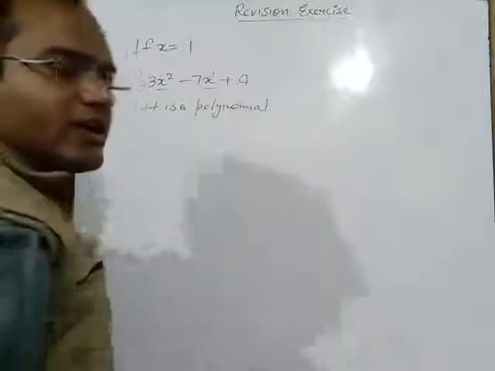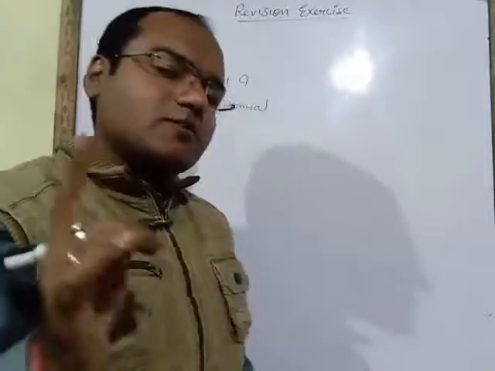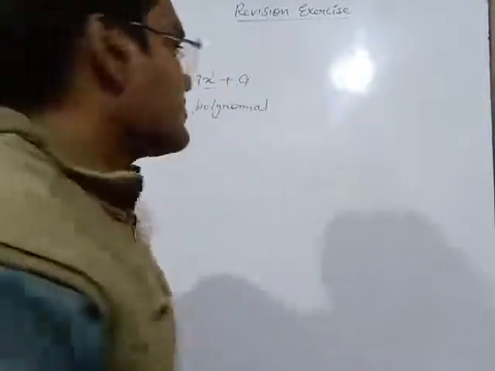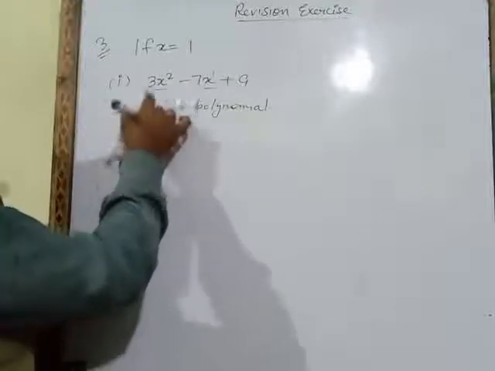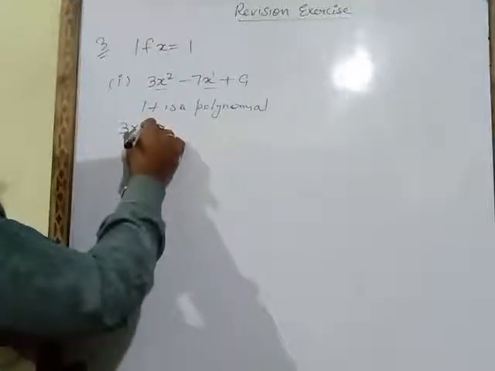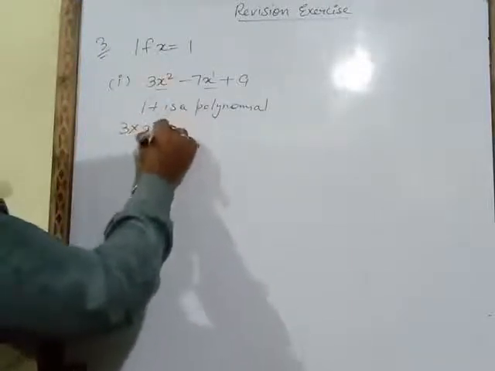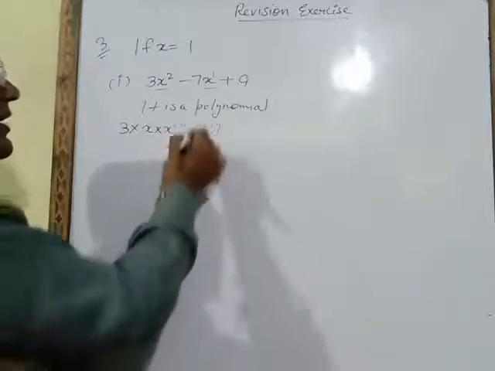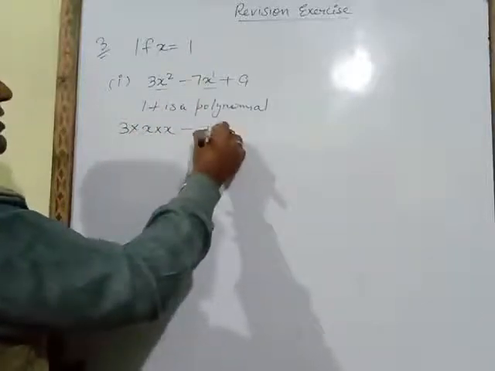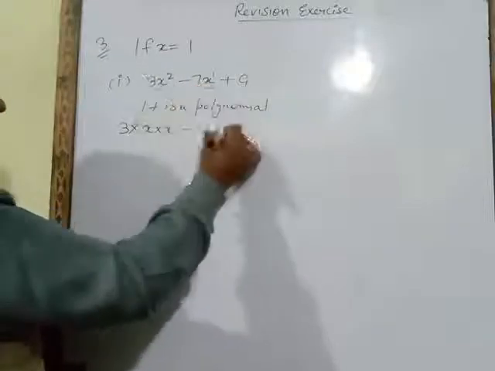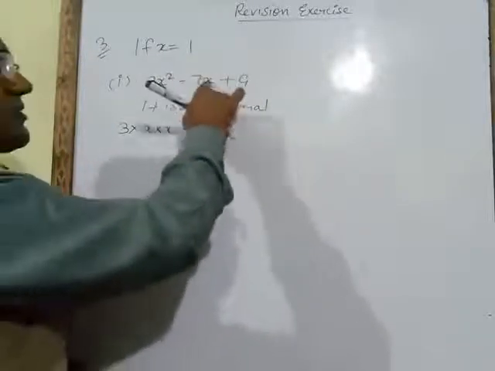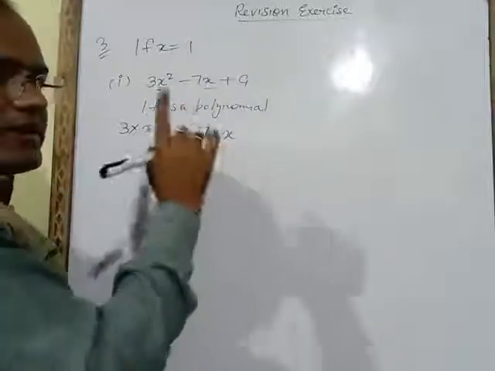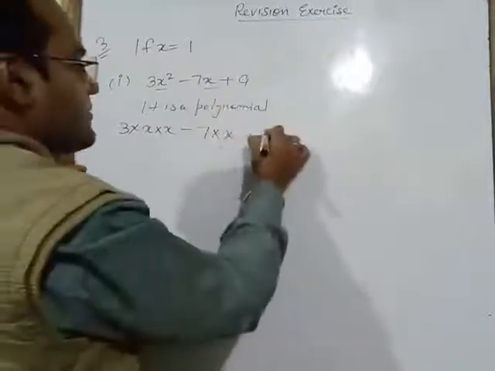Now in the question he said if the given equation is a polynomial, then you have to solve it. So what we will do, we will solve it. 3 into x square, x square means x into x, 2 times we will multiply, minus 7 into x power 1 is there, here no power is given, that means only 1x is there, so here we had written only 1x plus 9.